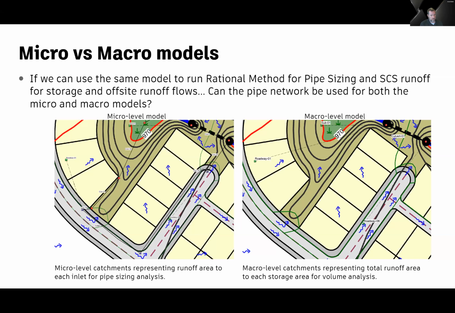But I think what we're looking at here is maybe trying to find a way where the model is directly linked to analysis, and maybe you run it and it does the rational and the storage analysis at the same time, and comes back and gives you your pipe sizing based on rational, but your storage based on some SCS method or something else, using the actual pipes as each individual reach element for that macro level.